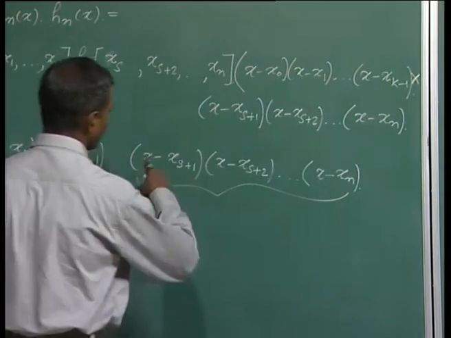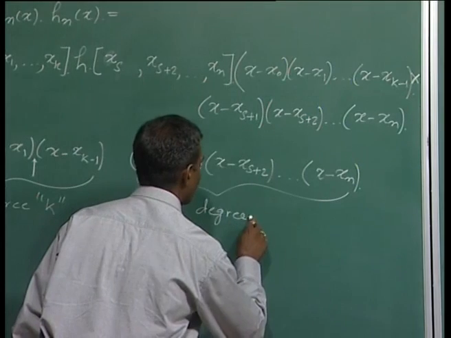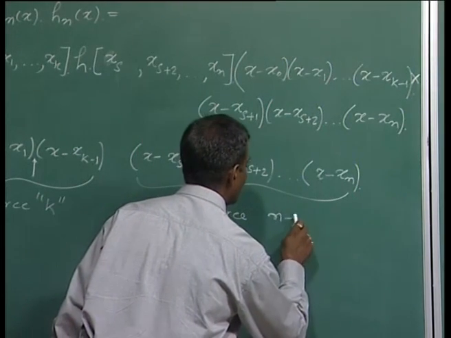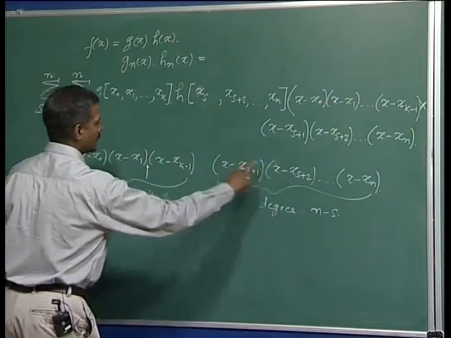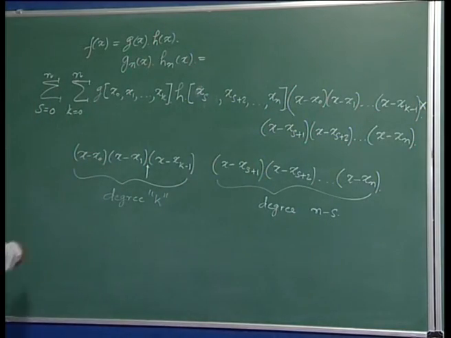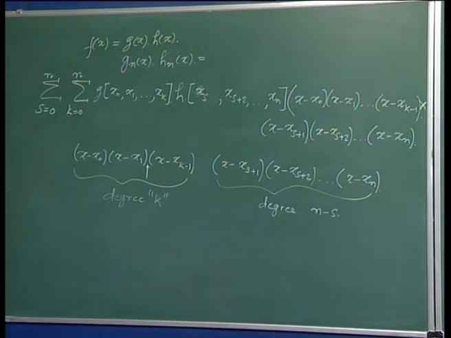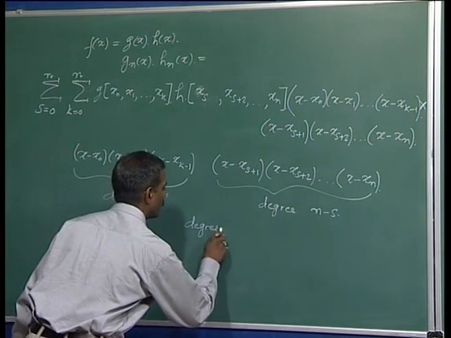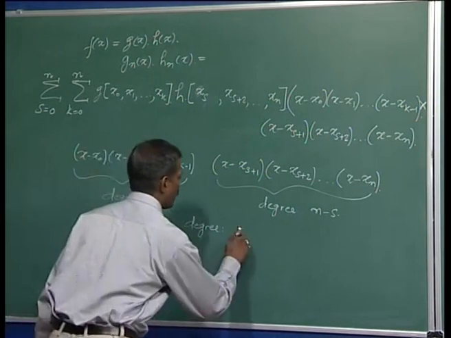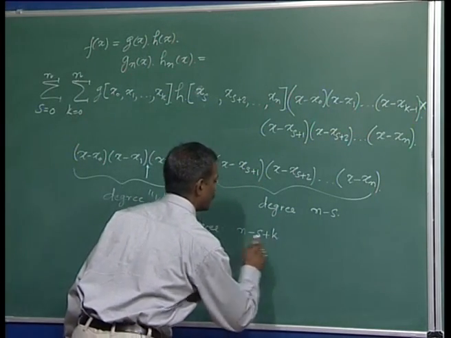So this expression will have degree n minus s. So the overall degree for this entire expression is n minus s plus k.